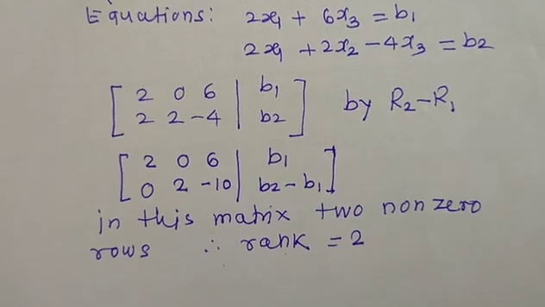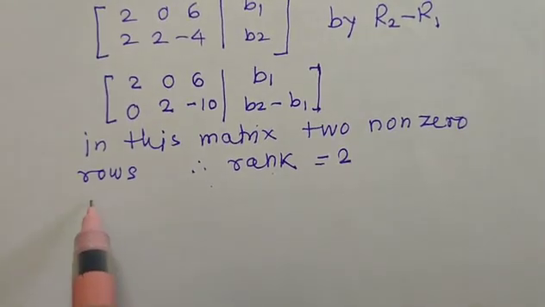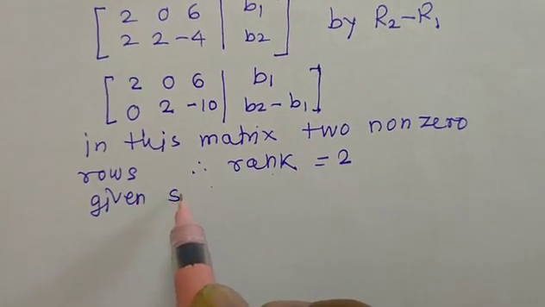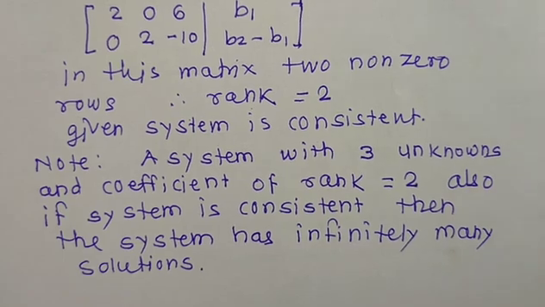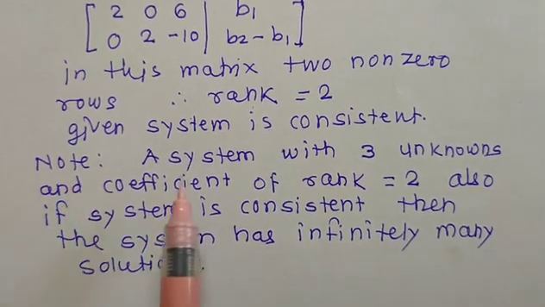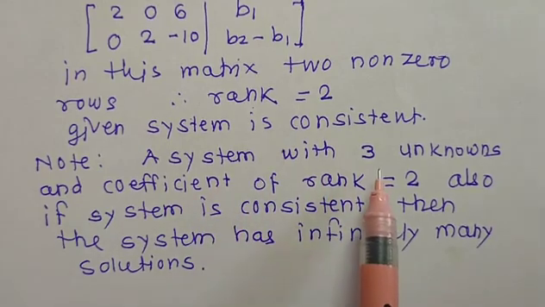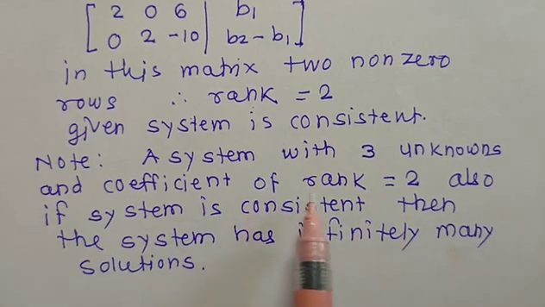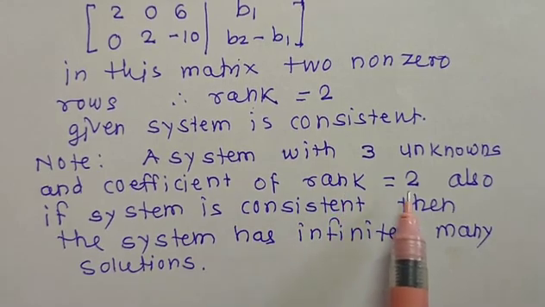Now one more thing is given: the system is consistent. So friends, please note, a system with three unknowns, x1, x2, x3. Okay. And the rank of the coefficient matrix is 2.